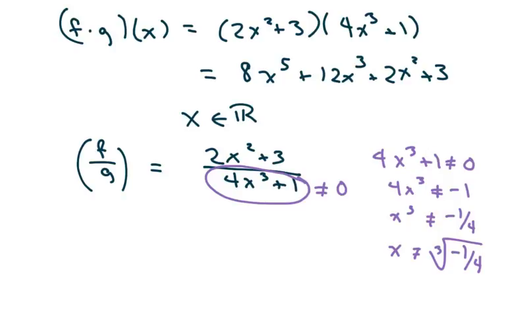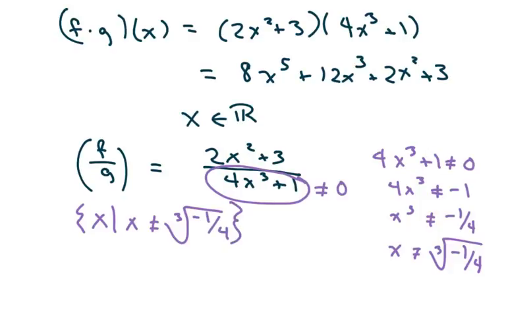So if you want to simplify this, I'm just going to write it this way. Basically, it's all real numbers, but x cannot be the cube root of negative 1/4.